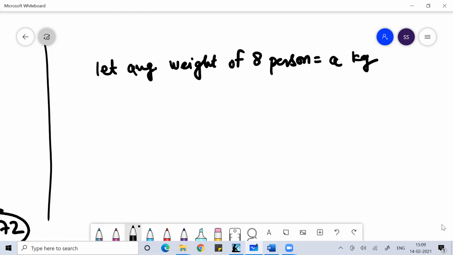So let the average weight of the 8 persons be a kg. What was the total weight of the 8 persons? The total weight was 8a. Okay, so what is happening?